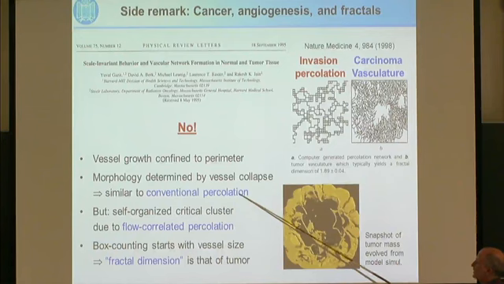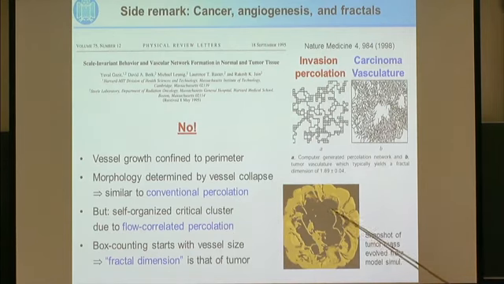But conventional percolation is only critical at a particular point. But due to this correlated stabilization mechanism inside the tumor, because the shear force is there very high and the collapse probability is reduced, you do not have to tune a particular number in order to get complex or fractal looking structures, but it's organized by itself.